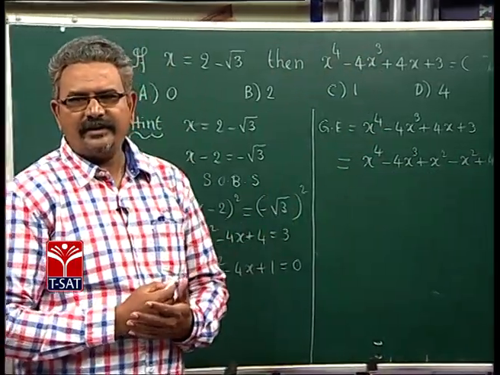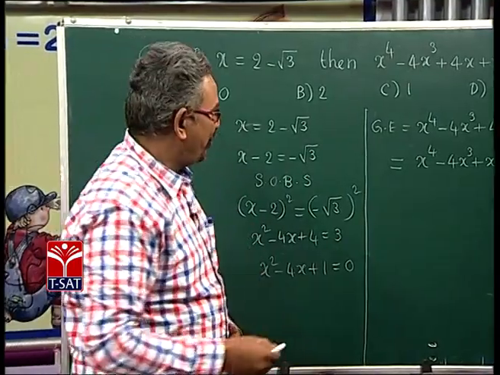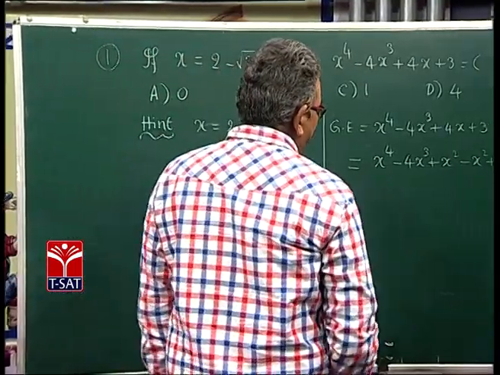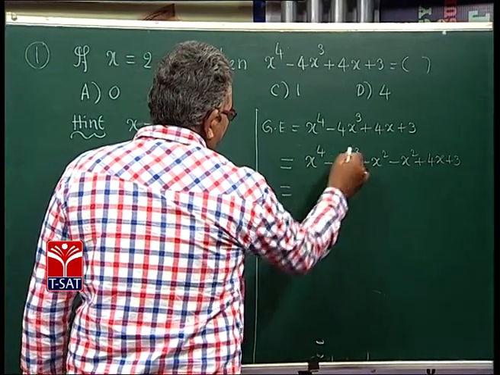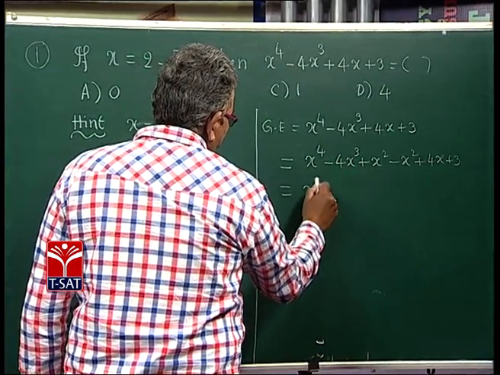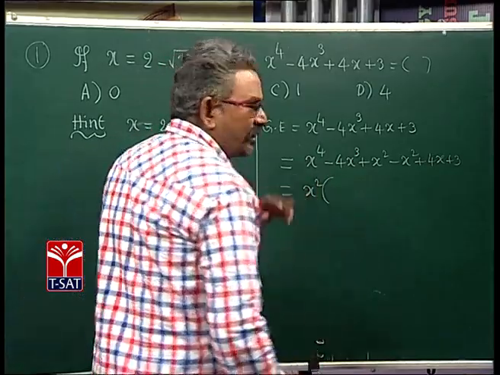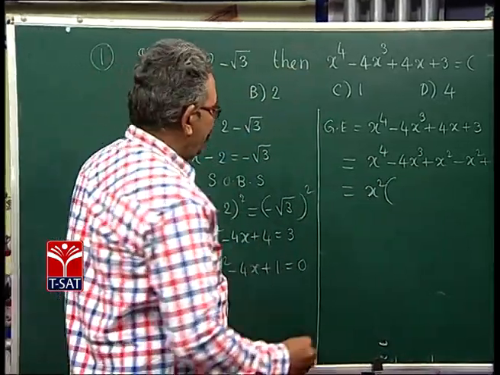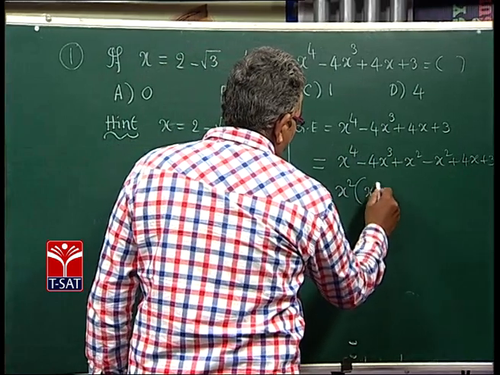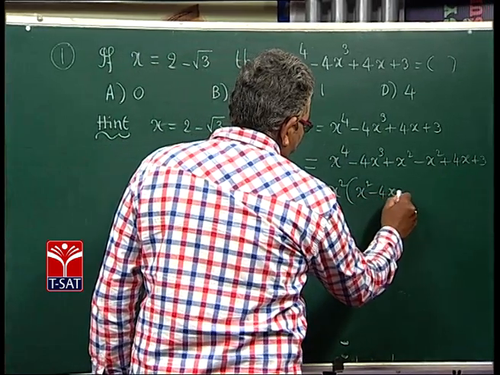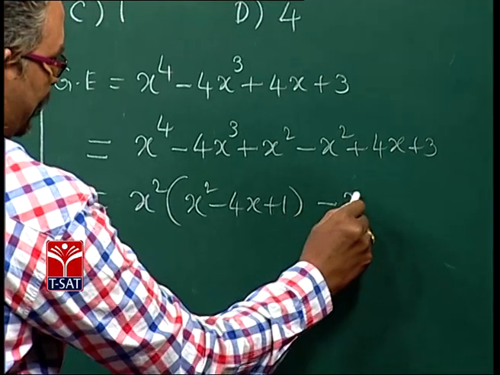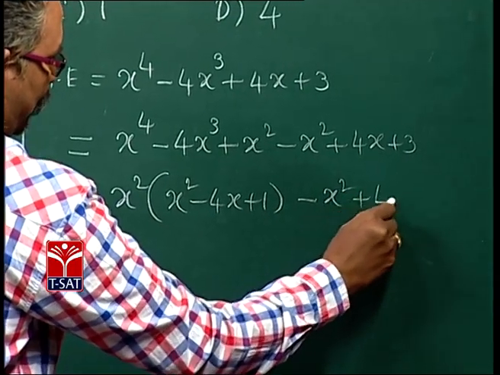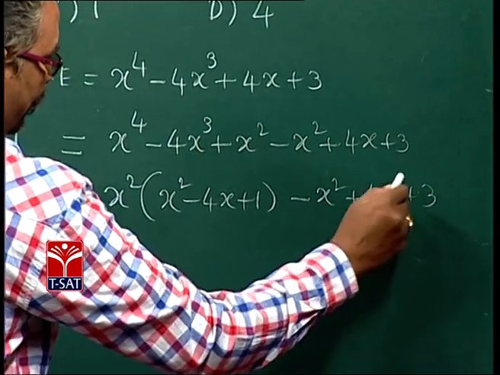Does it make any difference? No. Now, from these 3 terms, take x square common. If you take x square common, what do you get? x square into x square minus 4x plus 1, and minus x square plus 4x plus 3.